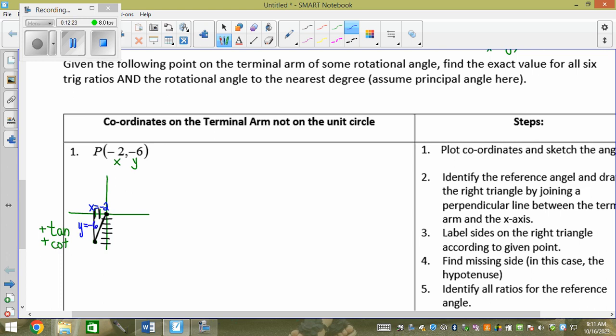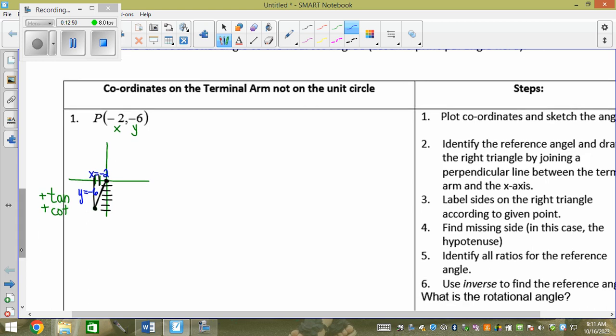How might I find my r? Yeah, Pythagorean theorem. Now, when we do Pythagorean theorem, we're always going to take the square root, and when we do this, we put plus or minus. We agree? Now, the cool thing is if it's the radius, it's always positive, so it doesn't matter. But if we're missing x or y, we actually have to find out by drawing it in what quadrant it is, if it's positive or negative. But radius is always positive, and that's what we're dealing with right now.